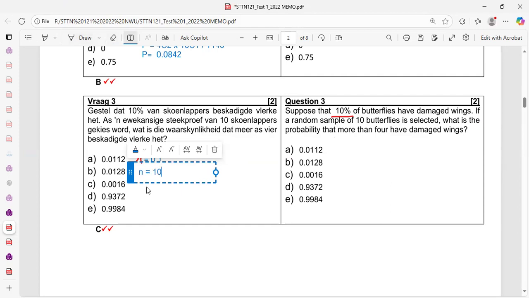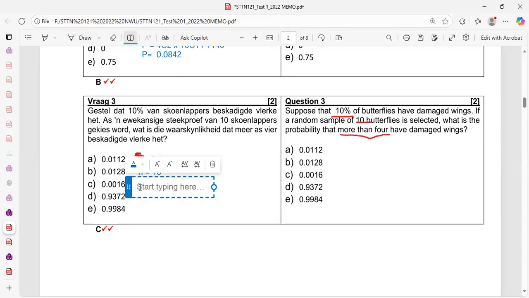What is the probability that more than 4 have damaged wings? The probability of x greater than 4. Interesting question. The binomial distribution.